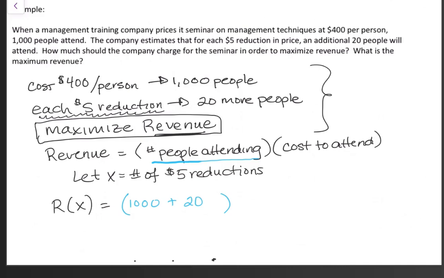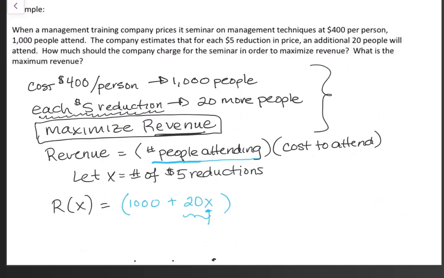And every $5 reduction we make is represented by x. So if I make only one $5 reduction, I get 20 more people. If I make two $5 reductions, I get 40 more people. So I'm going to get this many more people based on that number of reductions.